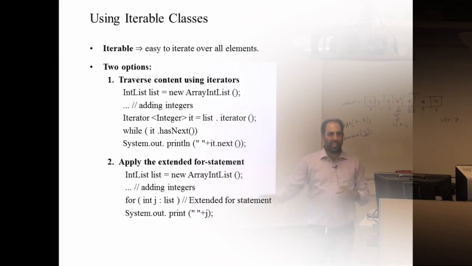It will go through it automatically, but in the backend it's using the same iterator method. So you can use either of these two options. This one looks simpler, because you don't need to call the next method, and you can simply print the values through this integer j.